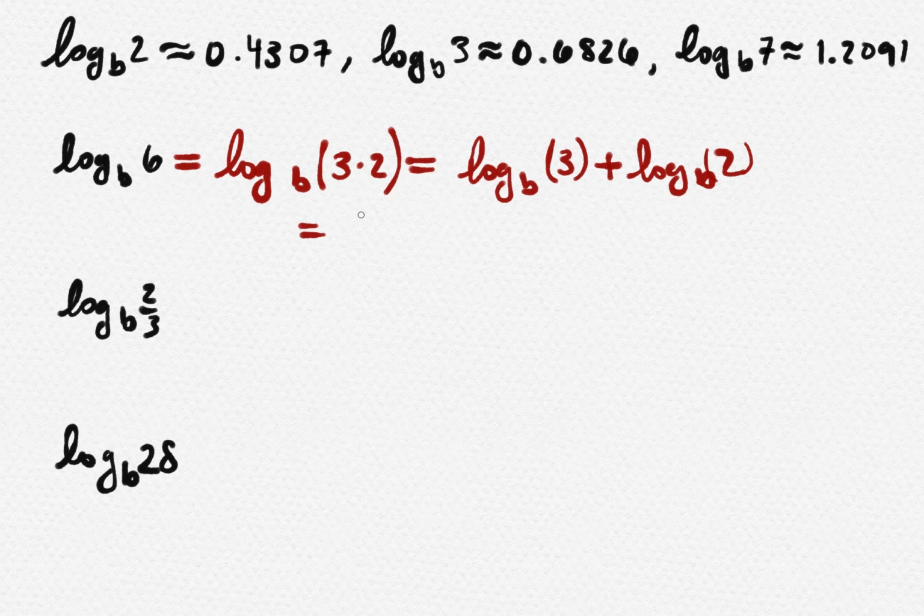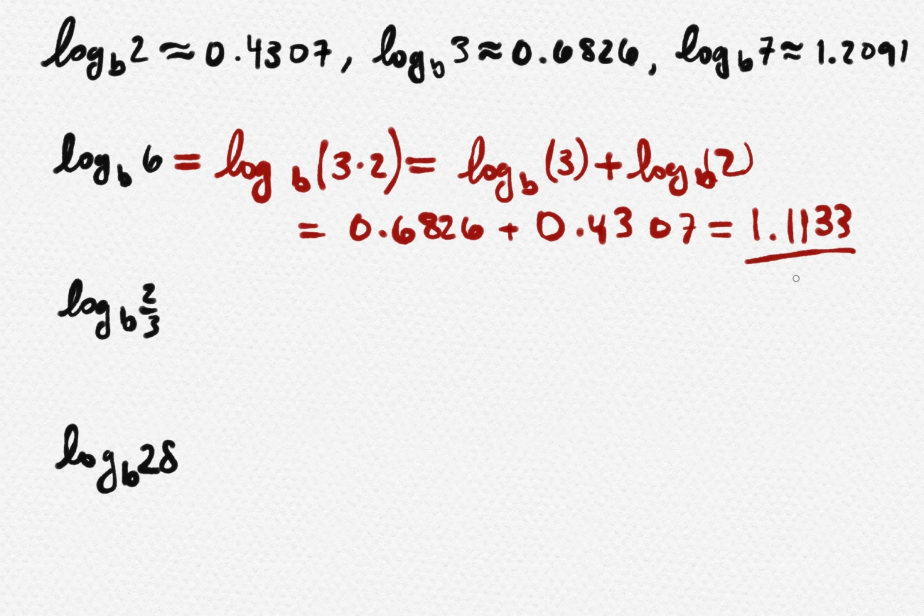So this is going to be 0.6826 plus 0.4307. And if you use a calculator, you're going to get that this is just about 1.1133. And I really should be using these curly equal signs to show that we're approximating these logarithms.